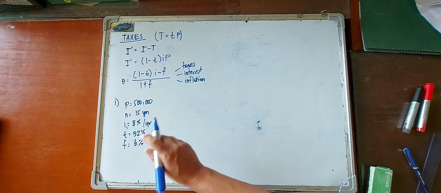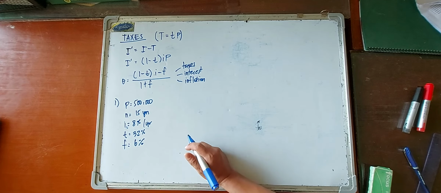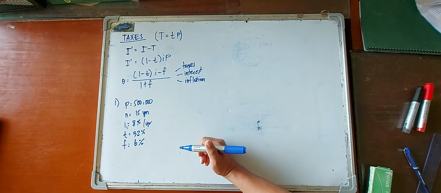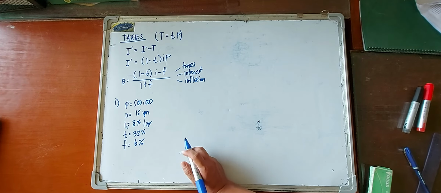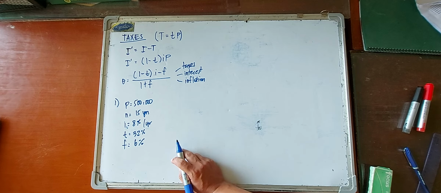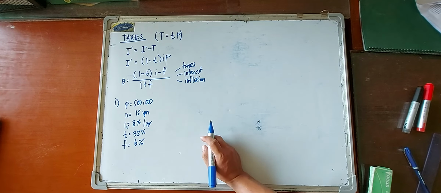So yun, ang kinikita niya is 8% per year, compounded annually. Suppose she is in the 32% tax bracket. So 32% yung tax natin. And is likely to remain there throughout the lifetime of the certificate, which is 15 years. So matataksan siya until the end of 15 years.